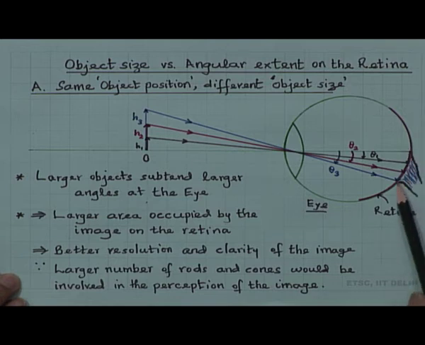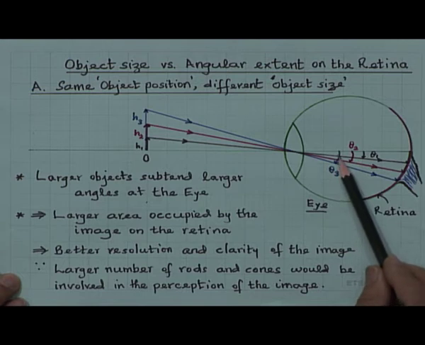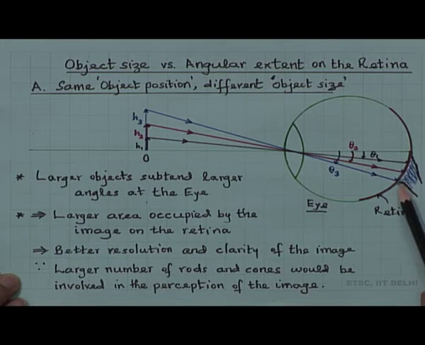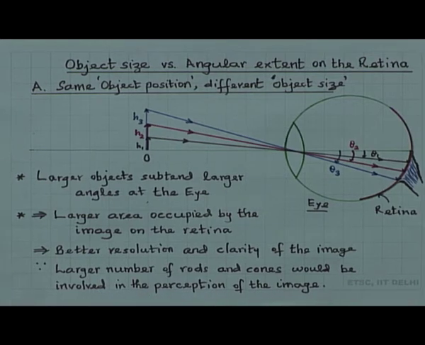The angular extent determines the area occupied on the retina, and therefore, the number of rods and cones involved in sensing this image. So, larger area occupied by the image on the retina means better resolution and clarity of the image, because a larger number of rods and cones would be involved in the perception of the image.